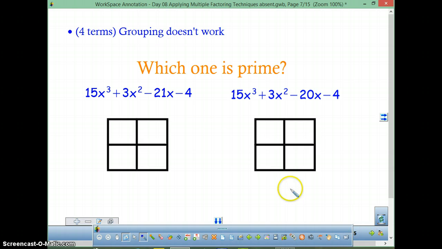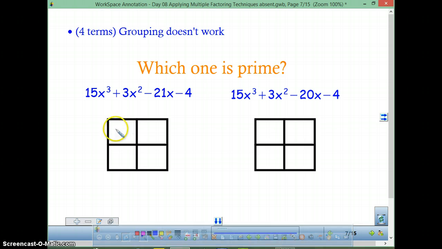Okay. Let's try this one. Here are two polynomials. Each of them have 4 terms. Which one is prime? Let's try this one to start. 5x cubed, 3x minus 21x minus 4.